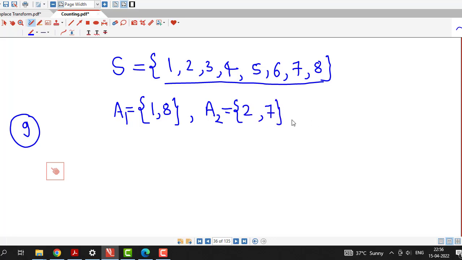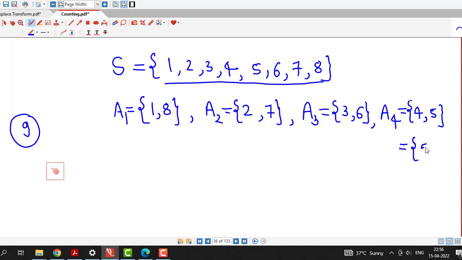Addition of 2 and 7 is 9. Then the third possibility is 3 and 6, and A4 is equal to 4 and 5. And here order is not important. We will consider these two sets as equal, 4, 5 and 5, 4. So there are only 4 possible sets such that the sum of their elements is 9.